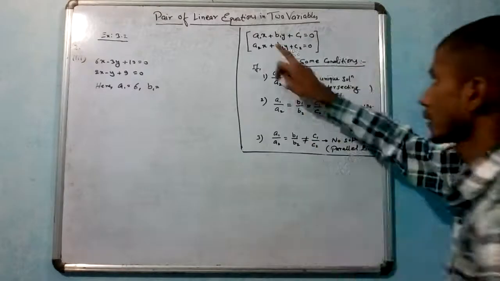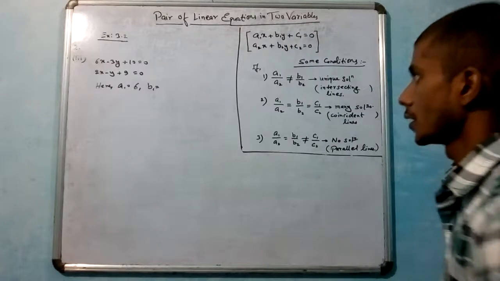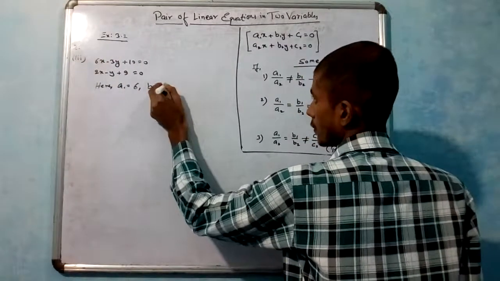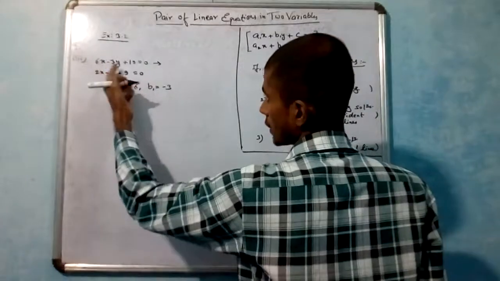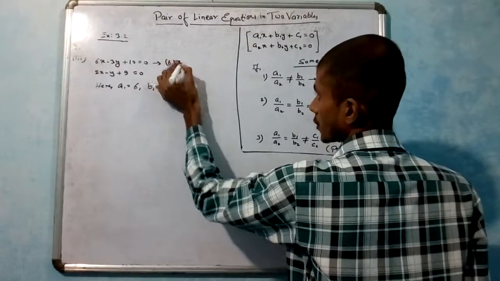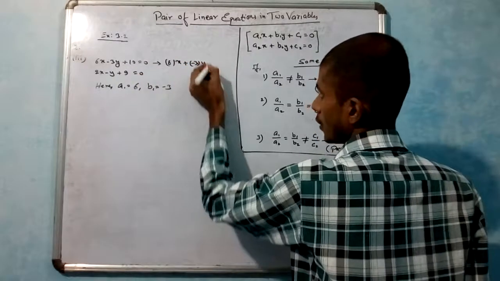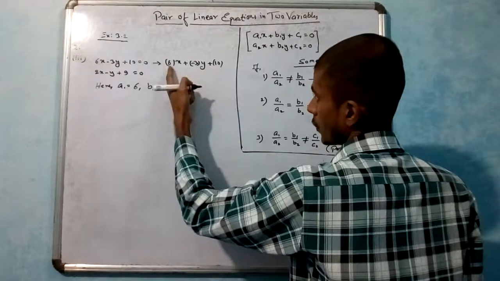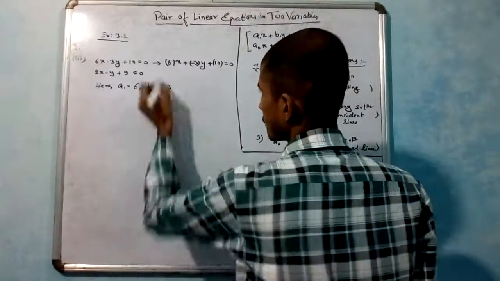B1 is, what is the standard format? Plus here. Plus. Standard format is plus. So since it is minus here, it means we have to take minus also. If I ask you to write this in standard form, how will you write? 6x plus of minus 3y plus of 10, A1 x plus B1 y plus C1 is equal to 0, isn't it?